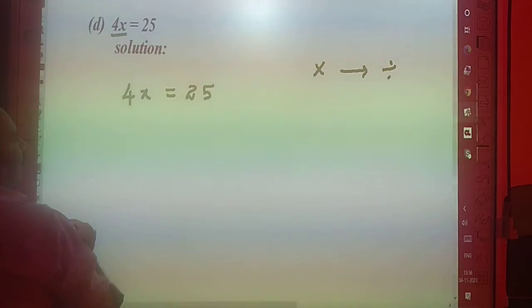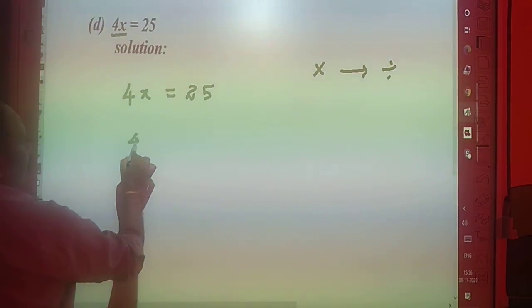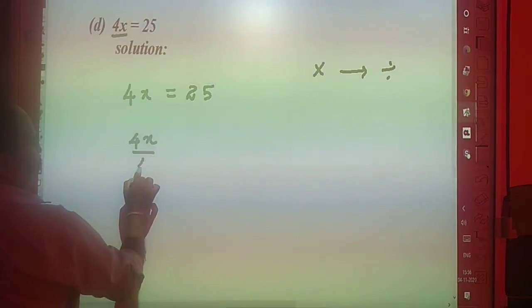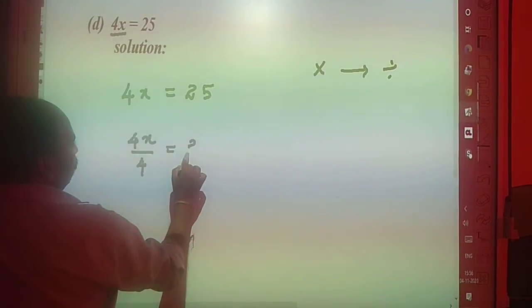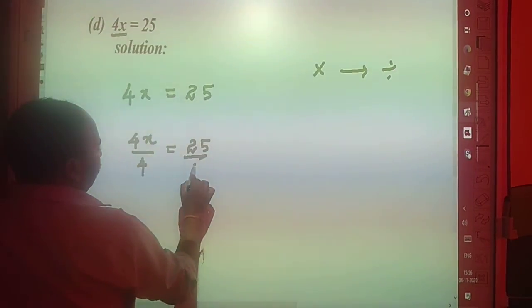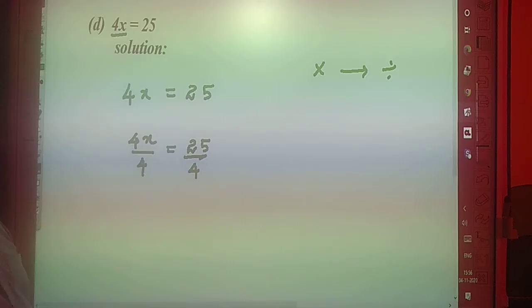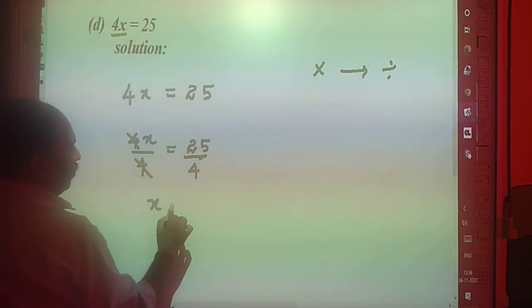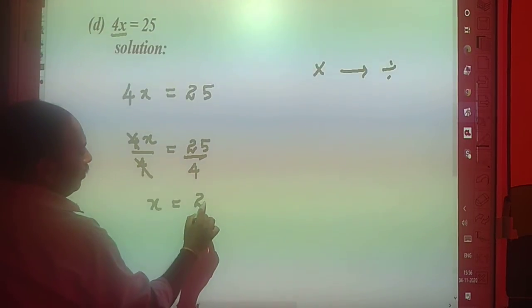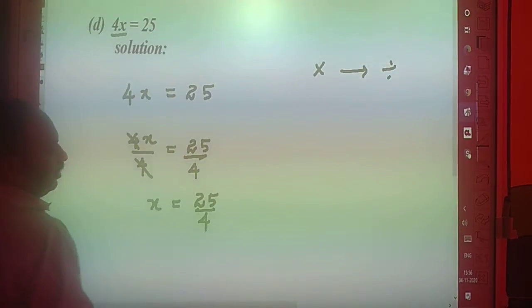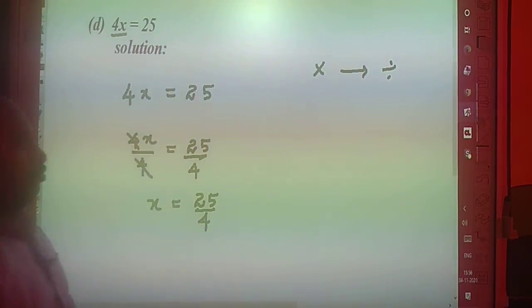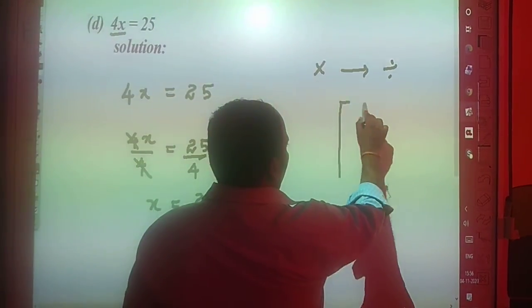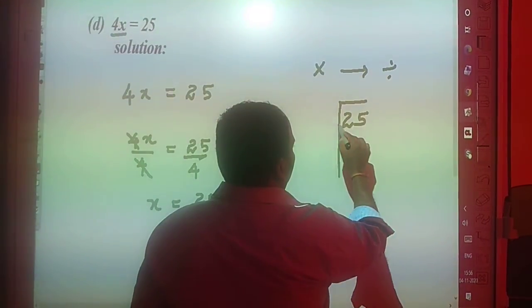We want to divide both sides by 4. So 4x divided by 4 is equal to 25 divided by 4. 4 cancels, remaining x is equal to 25 by 4. We want to divide 25 by 4.